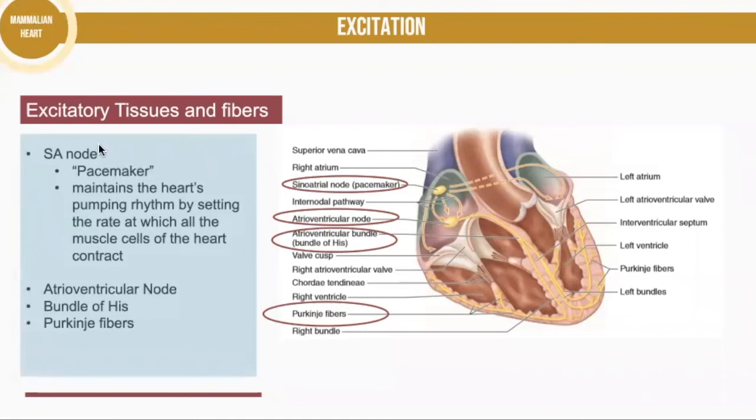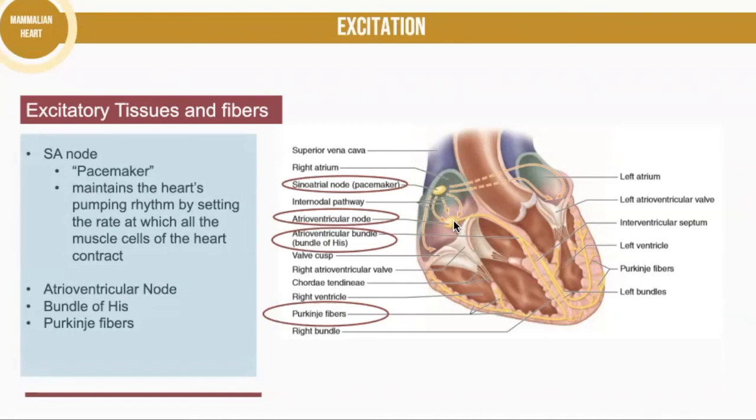Here in the picture, you can see the locations of these excitatory tissues and fibers. First we have the sinoatrial node. This sinoatrial node is also known as the pacemaker. It initiates the electrical impulses to stimulate contraction of the heart, and it's found in the atrial wall. Next we have the atrioventricular node. This is the SA node, and this is the AV node.